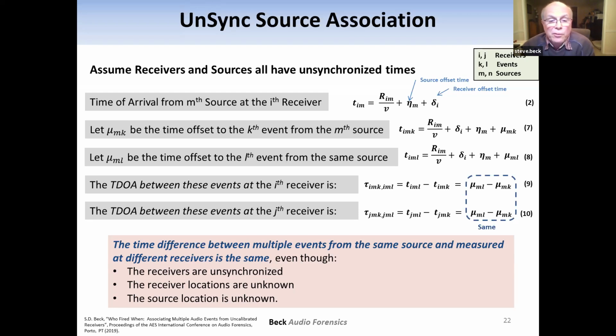Assuming that the receivers are not synchronized, you don't have to know the locations of the source or the receiver. And I'll add one more thing, that the receivers should not be collinear. So if they're spatially distributed, you can identify multiple sounds from the same source.